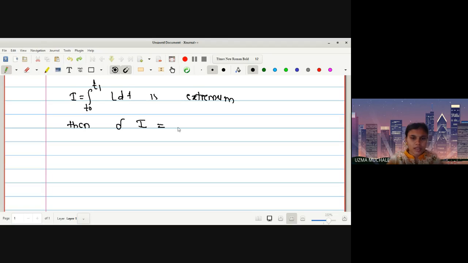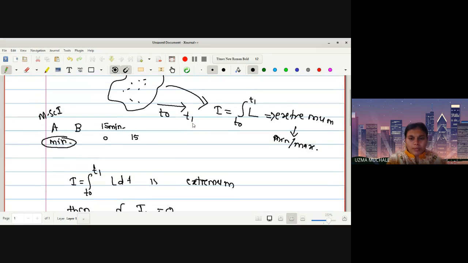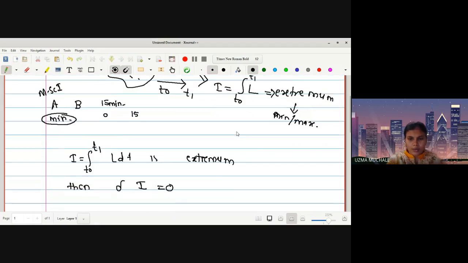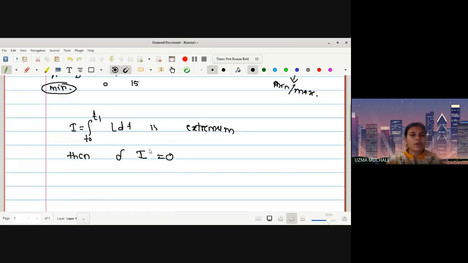Now what do you mean by extrema? Either minima or maximum. How are you going to find extrema? By using the derivative, that is, the first derivative equated to 0. So here also, if the delta variation in the integral I equals 0, it is nothing but the integral I being an extremum.